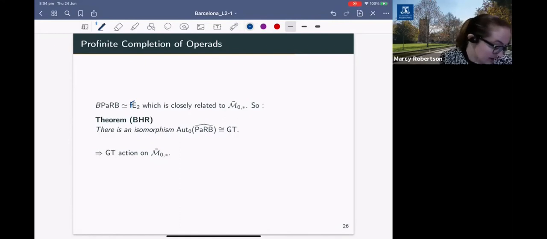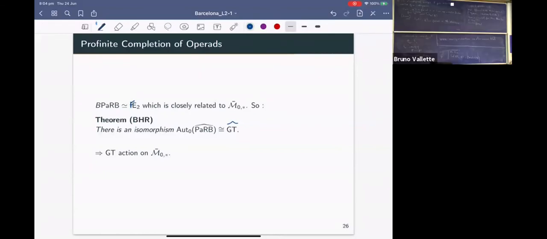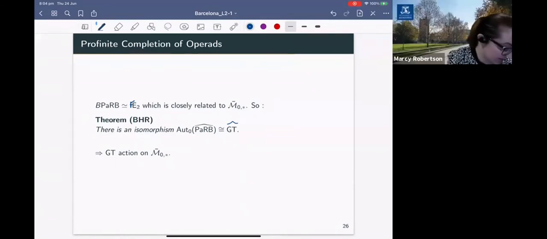And in fact, we can use this isomorphism between automorphisms of PARB, profinitely completed, which fix objects, and the profinite Grothendieck-Teichmüller group, to understand a GT action on here.